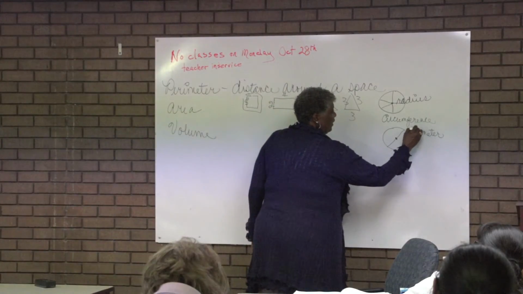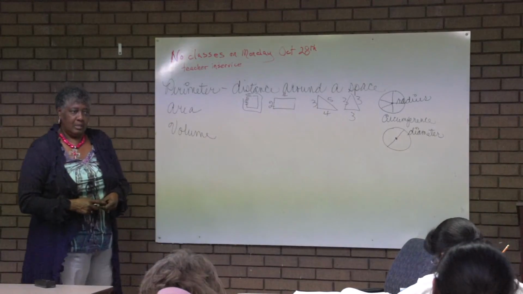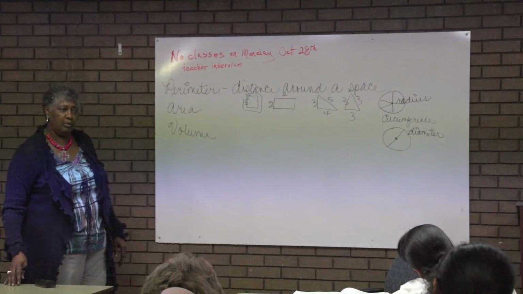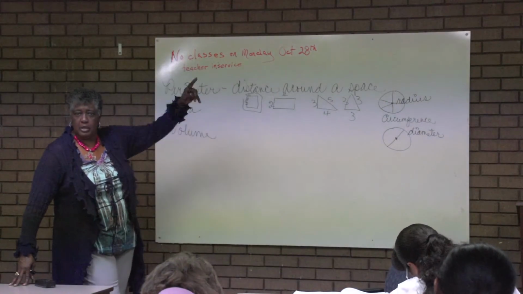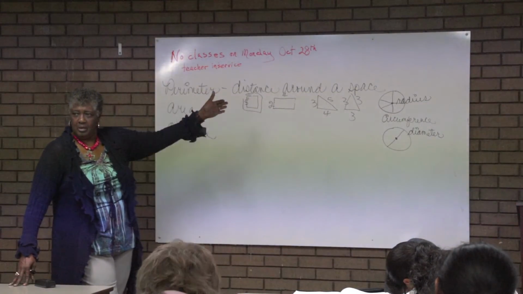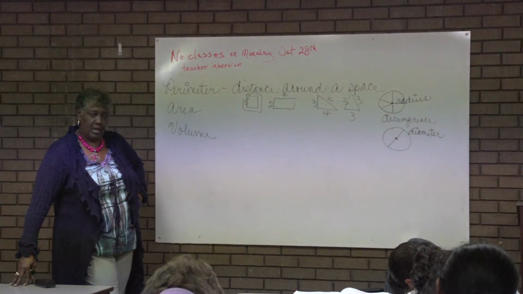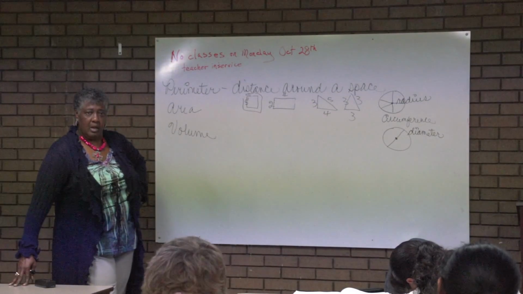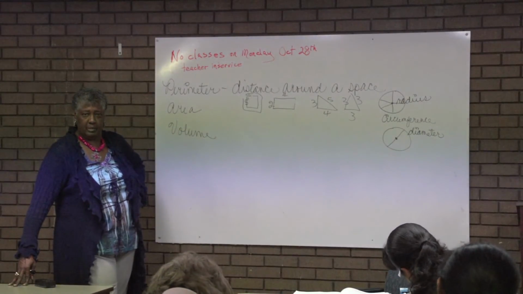You're going to have to find a way to remember which is which. For me, di means two. A diameter cuts it into two equal pieces. You can remember it that way. Diameter goes clear across. A radius is kind of like a ray, just a part of a line. It starts in the center and hits only one side. You got to know, because when we're finding the perimeter of a circle, the distance around a circle, we're going to use the diameter measurement.